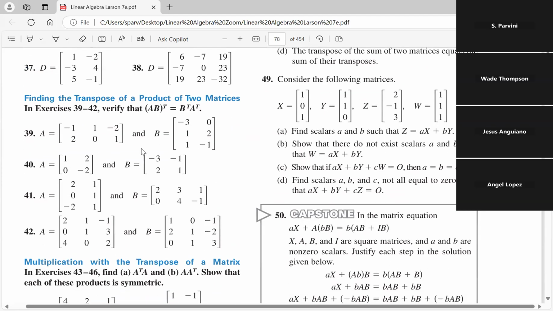Let's see. How about, I think we're doing number 41. Let's take a look at number 42 here. In number 42, it says verify AB transpose is B transpose A transpose. Okay. So I'm going to go ahead and write this one.